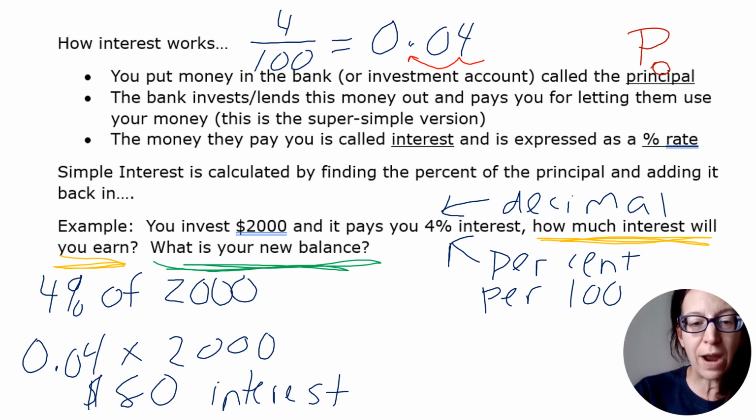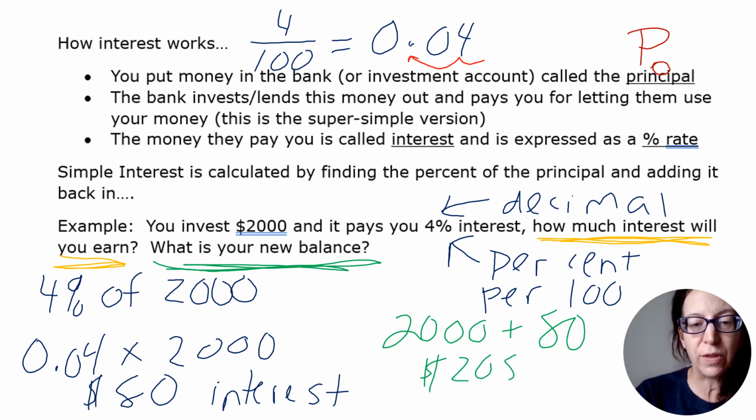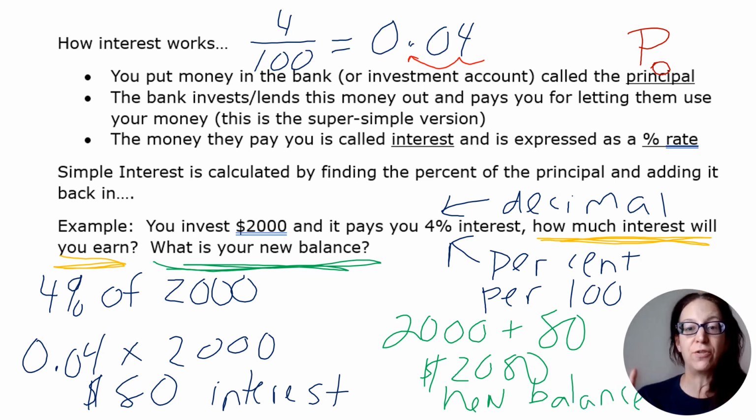So if you were asked the second question, you would need to do 2,000 plus 80, and you would get 2,080 as the new balance. But again, either question can be asked. You can be asked, how much money are you getting in interest and how much money do you have now? You just have to read closely. It's just whether or not you need to do the addition at the end of the problem.